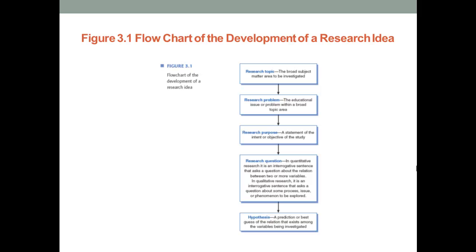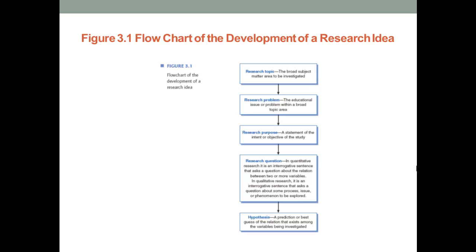So far we have discussed how to come up with your research topic and how to find the needed information. As seen in Figure 3.1, after you get to your topic, you need to move to determining your research problem, your statement of the purpose of your study, your statement of the research questions, and if you're conducting a quantitative study, you will also need to state your hypotheses. Note that movement from the top to the bottom of Figure 3.1 involves a movement from the general to the specific.